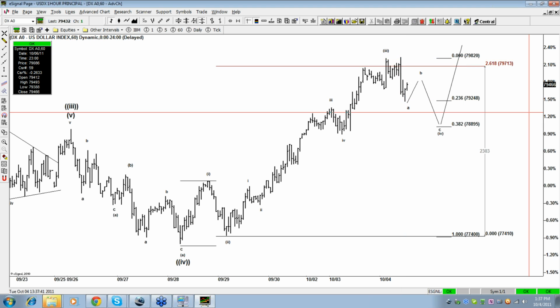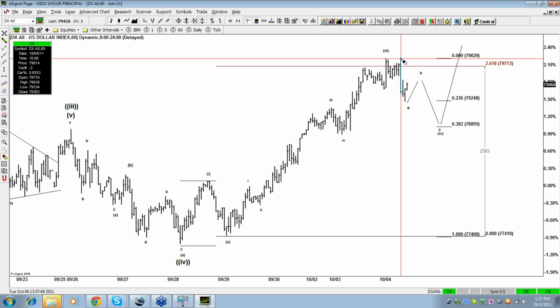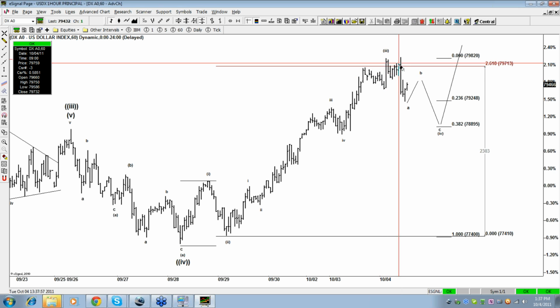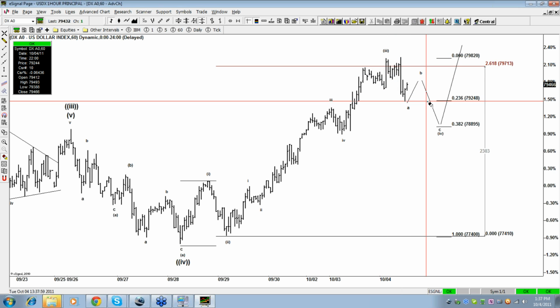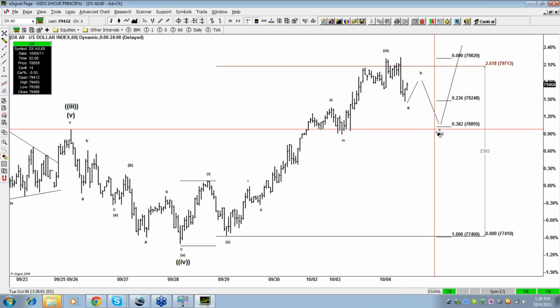Divi or Jens? The dollar makes a new high right here, and this looks like a flat to the 23.6 right here.